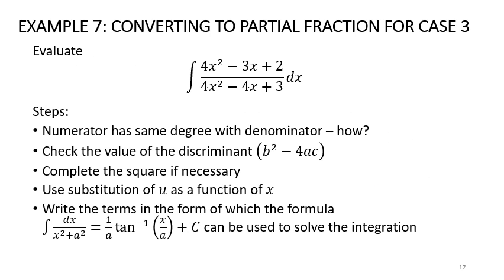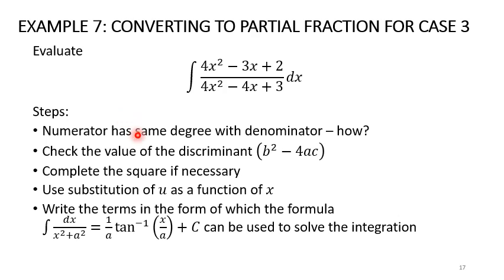Okay, so in this example, evaluate the integration of this fraction. If you look at the numerator, it has the same degree as the denominator. So is it a proper or improper fraction? Although the degrees are the same, it's considered an improper fraction, so we need to do long division to get a proper function.